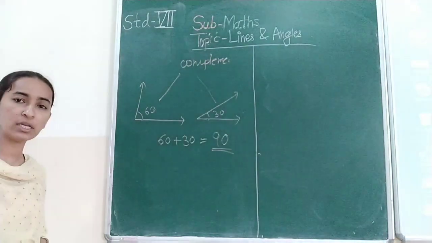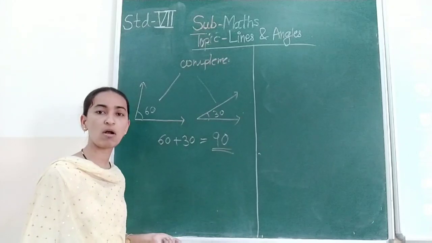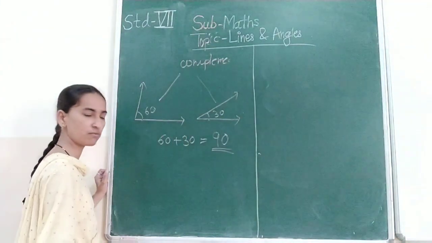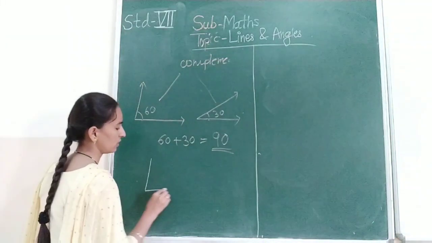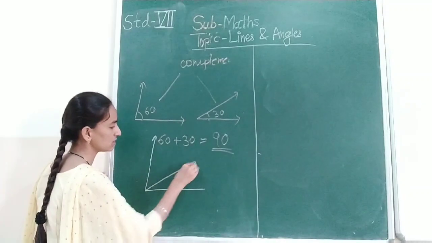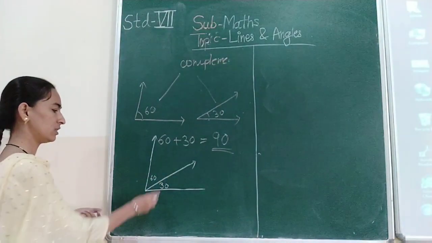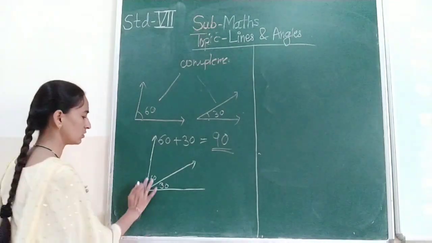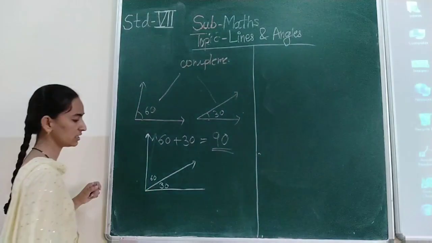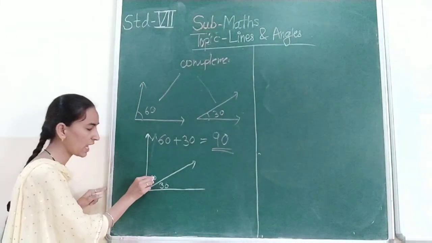And what will happen if their measure is 180? Then it is called a supplementary angle. Now you can see these two angles are different, but if they are in one line, suppose this is 30 degrees and this is 60 degrees. 30 plus 60 is 90, so this is also a complementary angle.